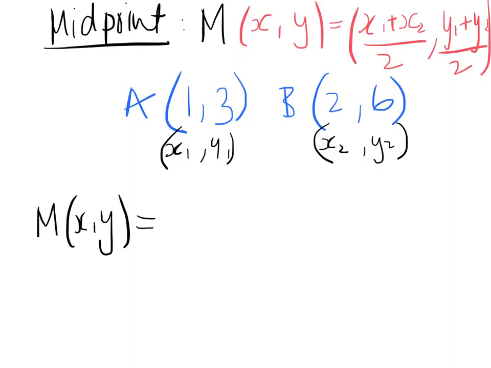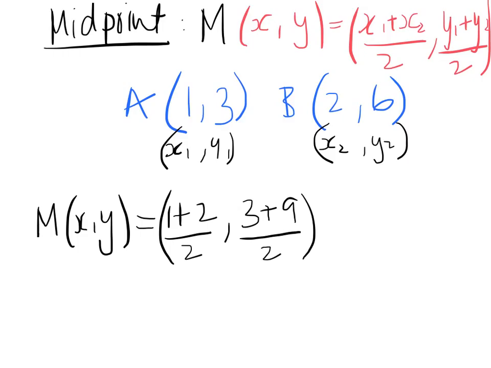So I've got x1 is 1 plus 2 over 2 is the first coordinate. Remember, I'm looking at coordinates. Second one is 3 plus 9 over 2. Again, I'm looking at coordinates, remember, so I want that comma in the middle. 1 plus 2 is 3. 3 over 2 is 1.5.